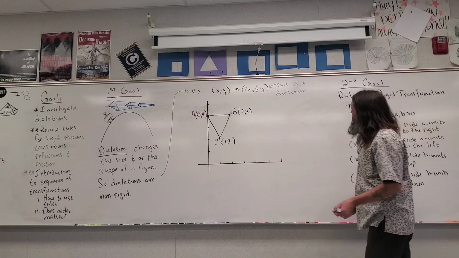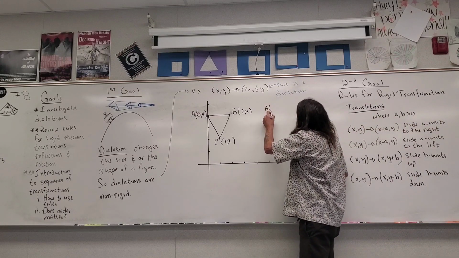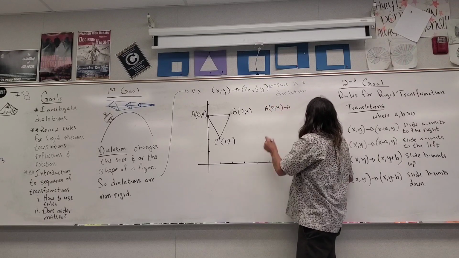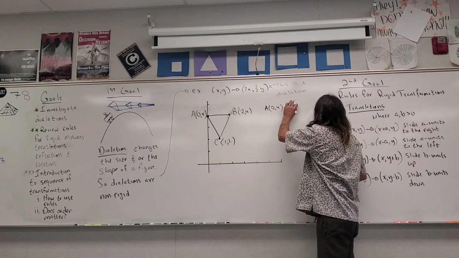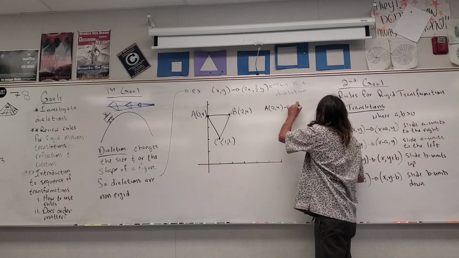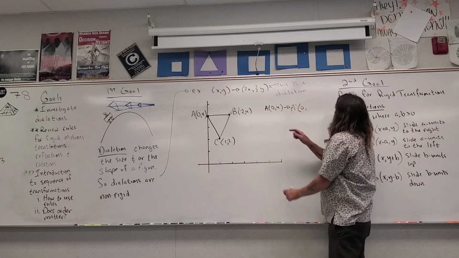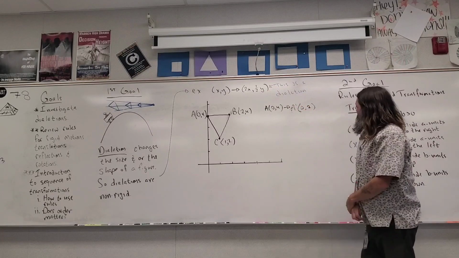All right, so A, which is (0, 4), is going to map to 2 times 0, so that's still 0. Let me write this A prime. 2 times 0 is still 0, and then half of 4 is 2. So A prime goes to (0, 2).